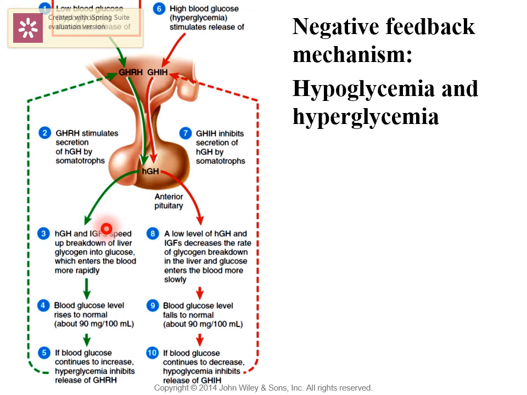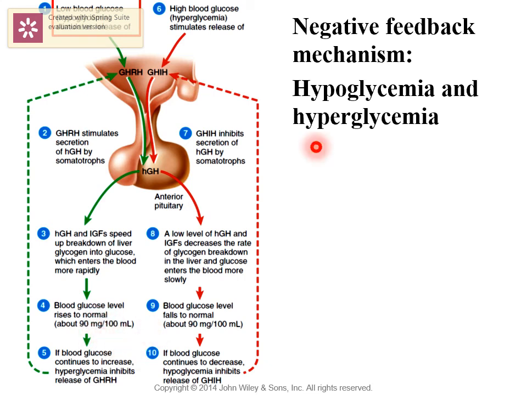Okay, and in turn this causes the release of growth factors that speed up the breakdown of glycogen in the liver. Glycogen is converted to glucose and released into the bloodstream, and the blood glucose rises to normal.